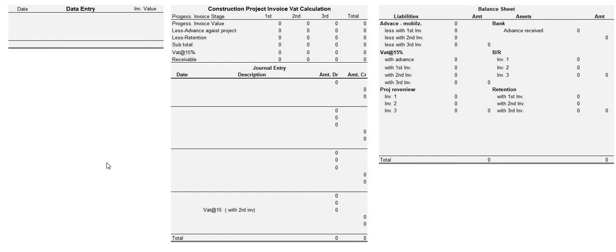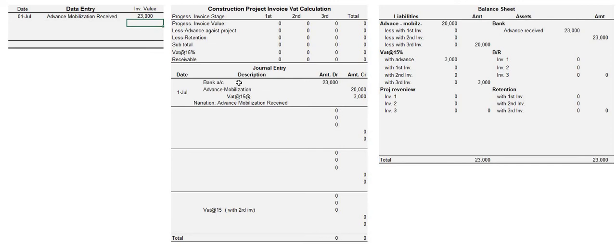Okay, so let us start by receiving our advance mobilization. We received 20,000 as advance and 3,000 as VAT. You can see here the journal entry. Bank account is debited with 23,000, advance mobilization is 20,000, and VAT is 3,000.